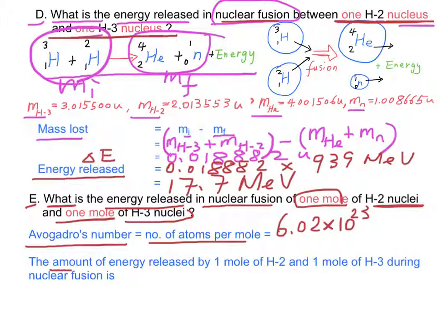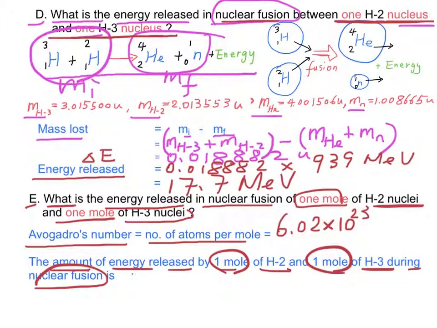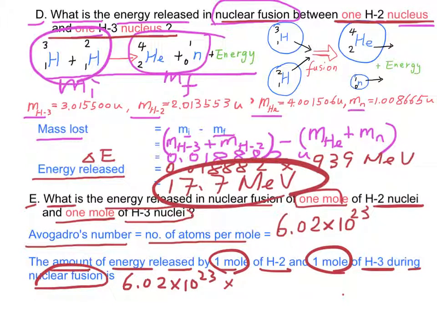Therefore, the amount of energy released by 1 mole of H2 and 1 mole of H3 during nuclear fusion is 6.02 times 10 to the power 23 times 17.7 mega-eV.